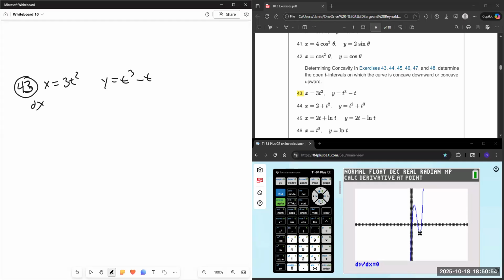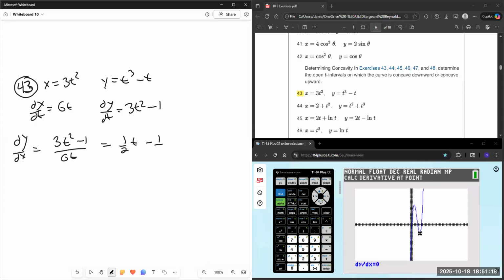So dx/dt is 6t, dy/dt is 3t squared minus 1, dy/dx is 3t squared minus 1 over 6t, which is 1/2 t minus 1/6 t to the negative first.